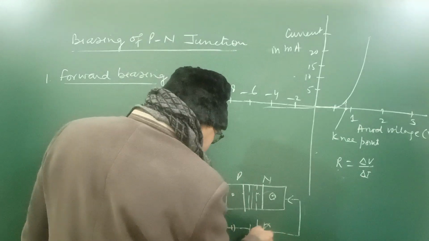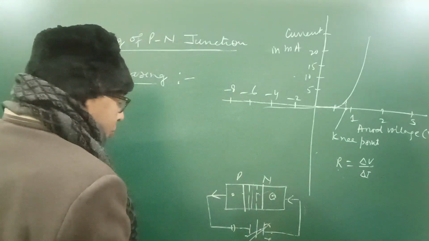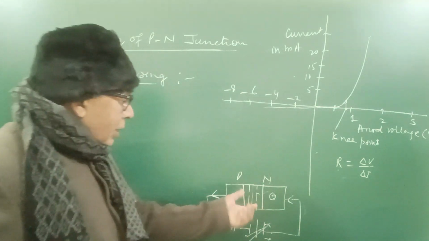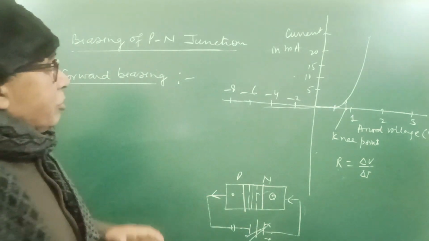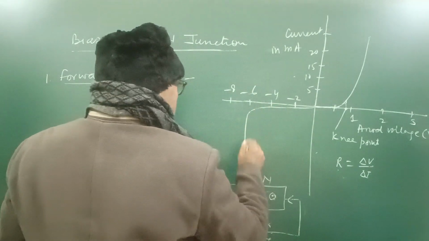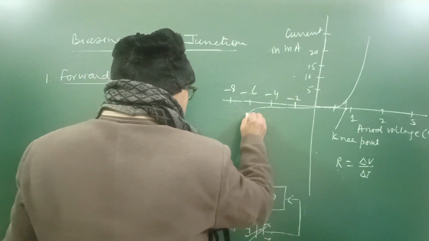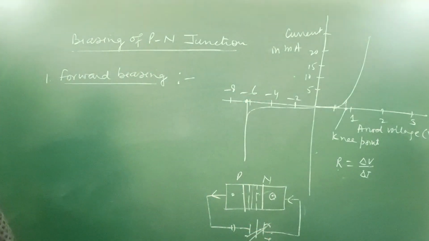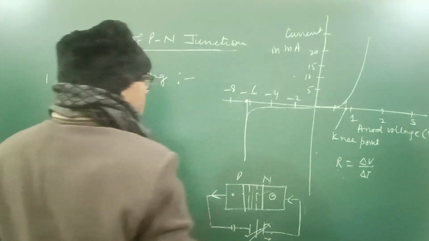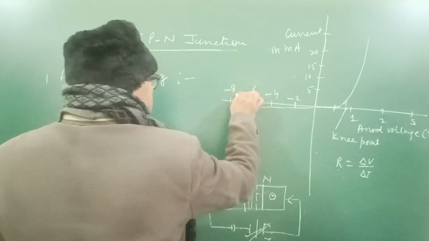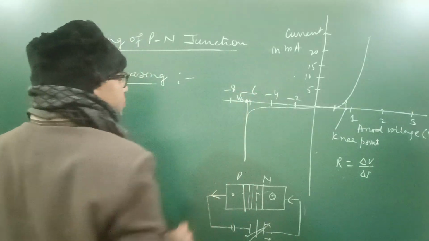When this potential difference becomes very large, the material of the diode in the depletion region may get ionized and a large current flows. Then this current becomes independent of the potential difference applied, and this is called electrical breakdown, and this voltage is the breakdown voltage.